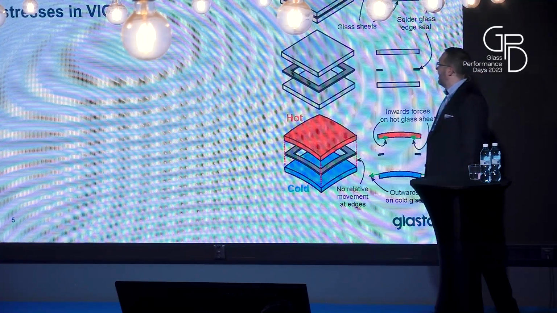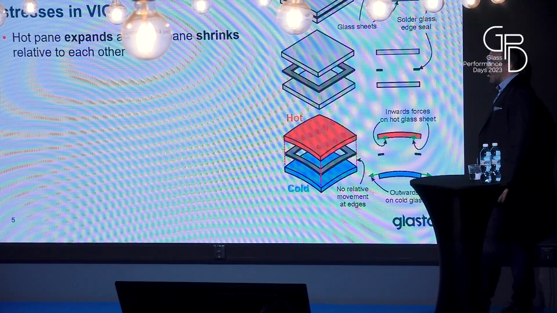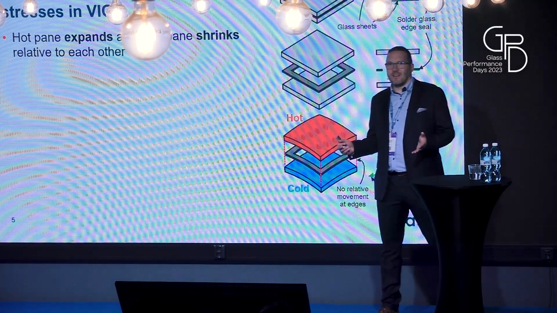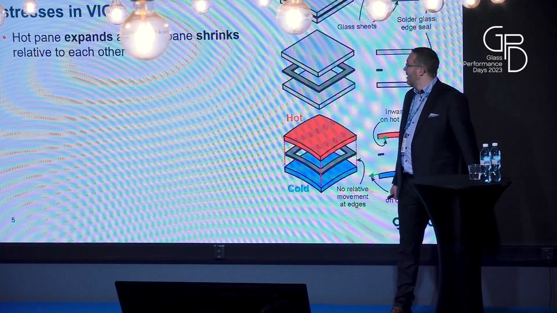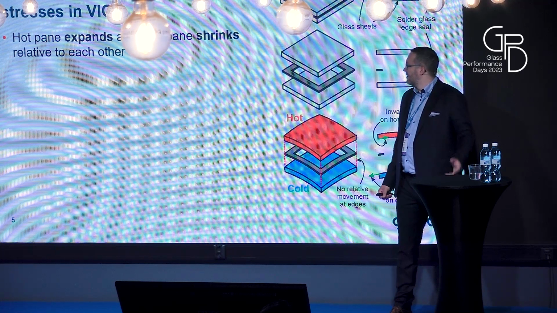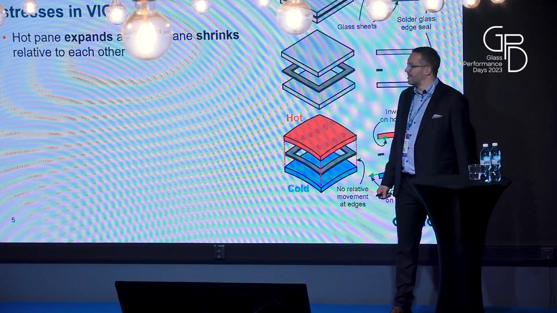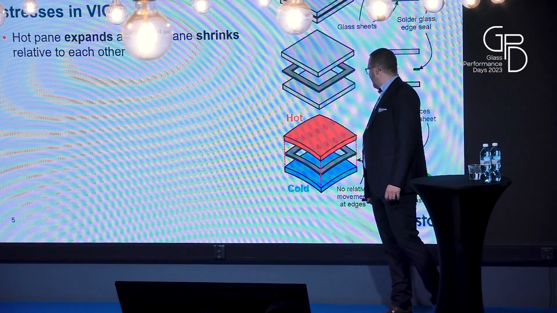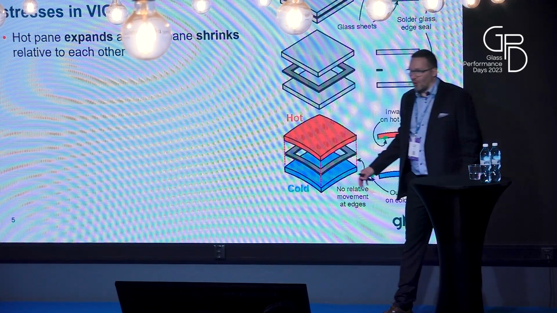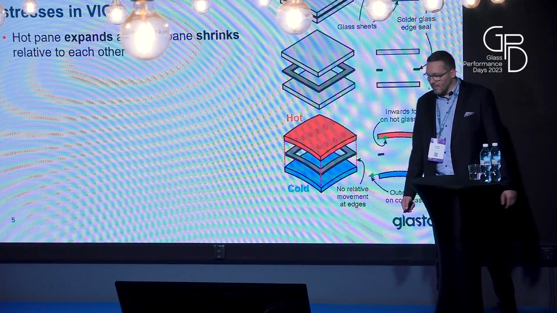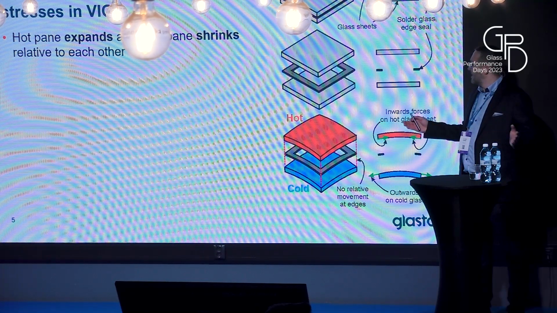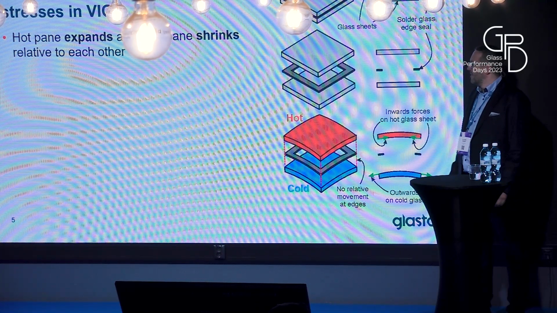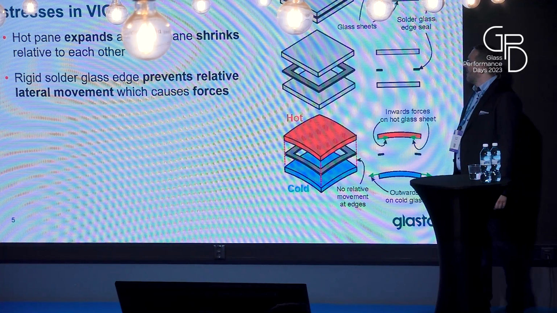So here's a couple of things we see when one glass pane of VIG is expanding due to a hotter or warmer temperature, and another one is shrinking when it's colder than the other one. So the hotter one tries to expand, and the colder one tries to shrink.